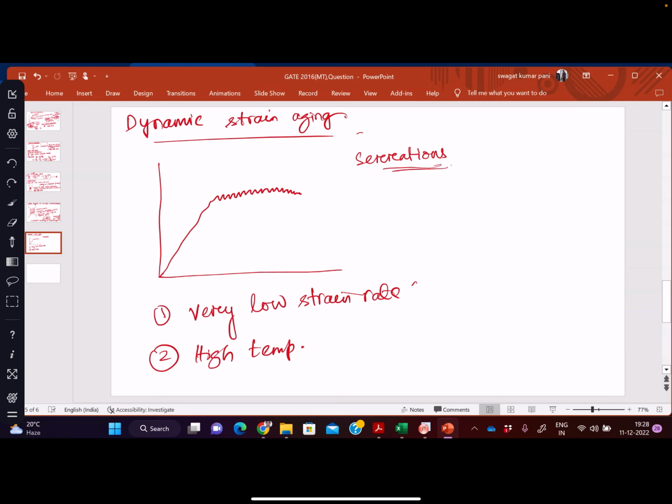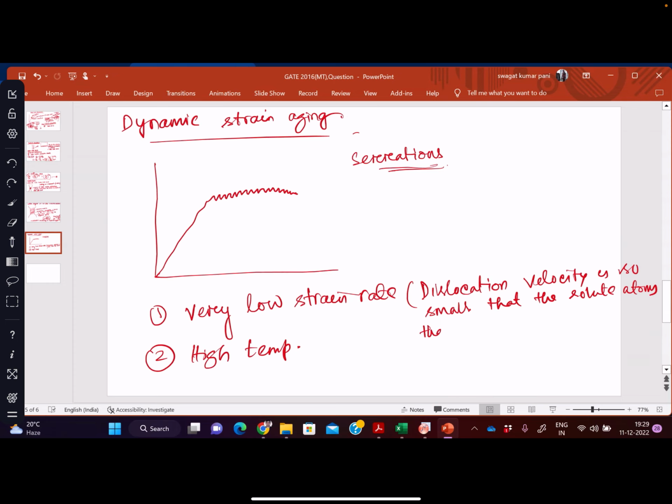So at low strain rate, what happens? Dislocation velocity is so small that the solute atoms can move at the same speed as the dislocations.